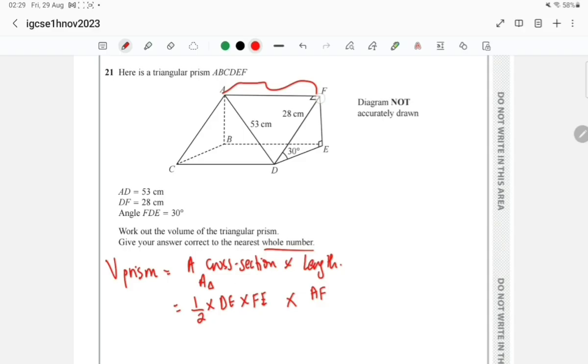Now seeing this triangle, I don't know what FE is, I don't know what DE is. All that I know is I have a right angle triangle and I have an angle which is 30 over here. So what I will do is, I can use SOH CAH TOA, isn't it? Because I know that this part is 28. Okay, let's see.